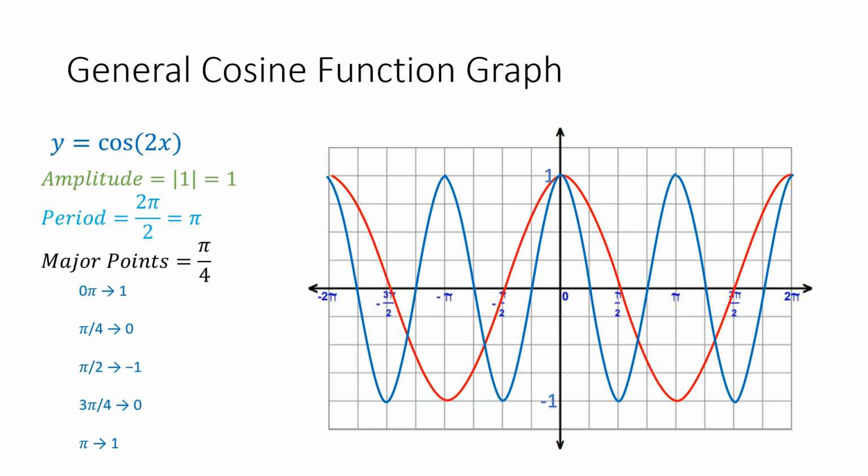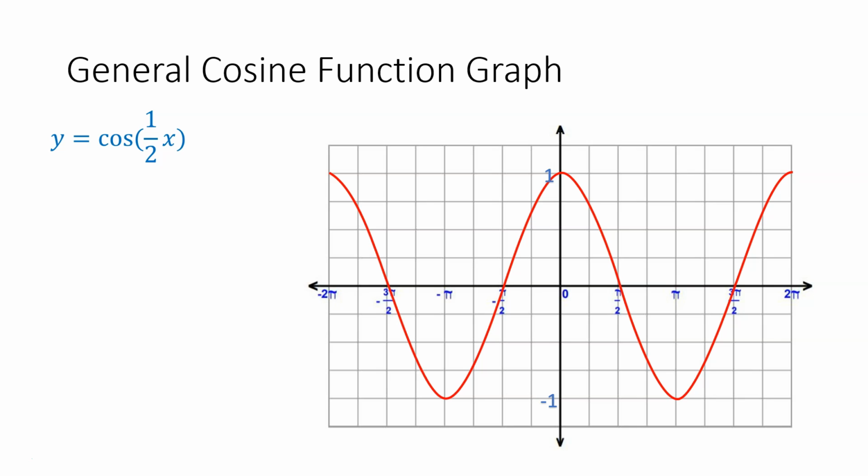In fact, we can say in general, if the b value is greater than 1, we have a horizontal compression of the cosine graph. It's like taking a spring and crunching it together.